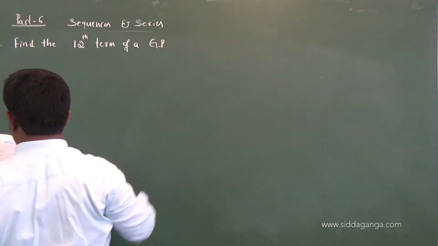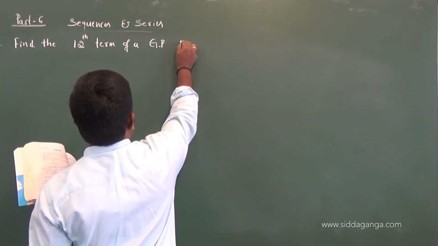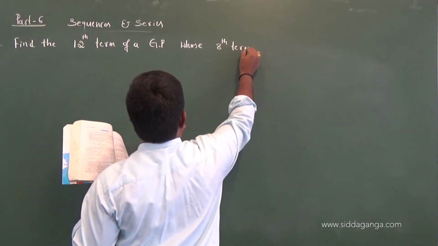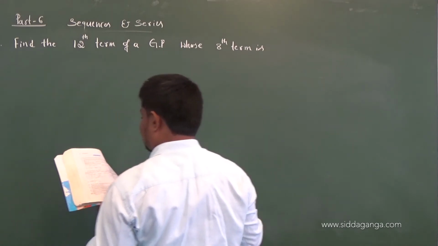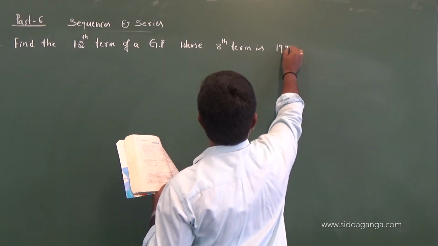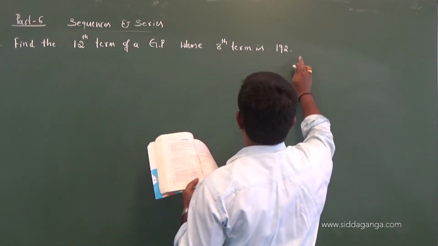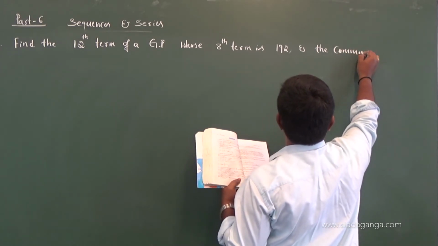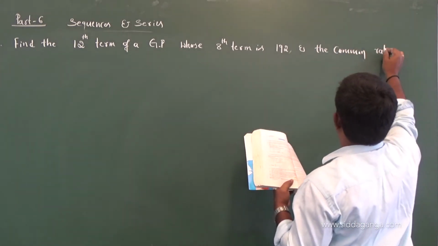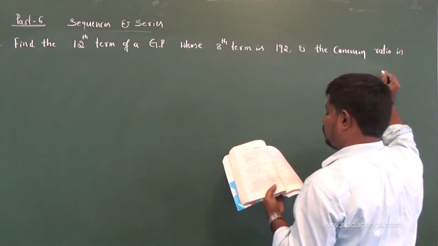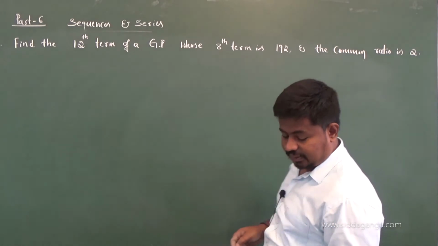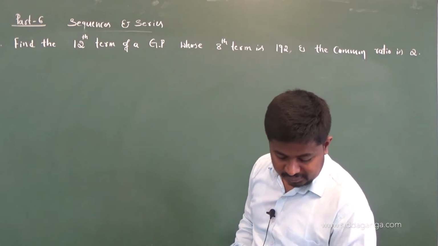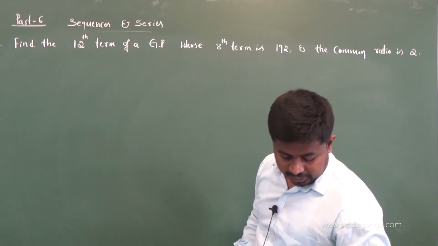Find the 12th term of a GP whose 8th term is 192 and the common ratio is 2. Yes, find the 12th term of a GP whose 8th term is given, that is 192, and the common ratio is 2.